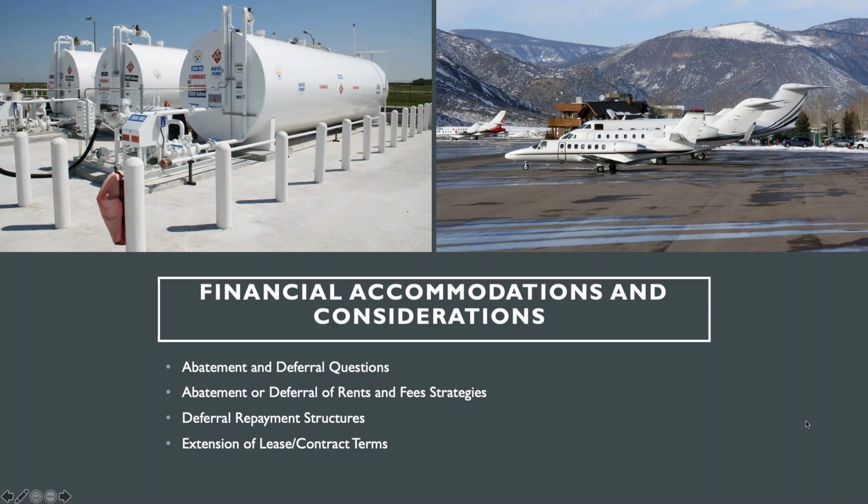One could be an abatement, one could be a deferral, one could be a deferral and a lease extension. There could be different structures. It's just that they can't be unjustly discriminatory in the way they do it. Not every tenant is similarly situated, so they don't have to give the exact same abatement or deferral grant to every single tenant the same way.